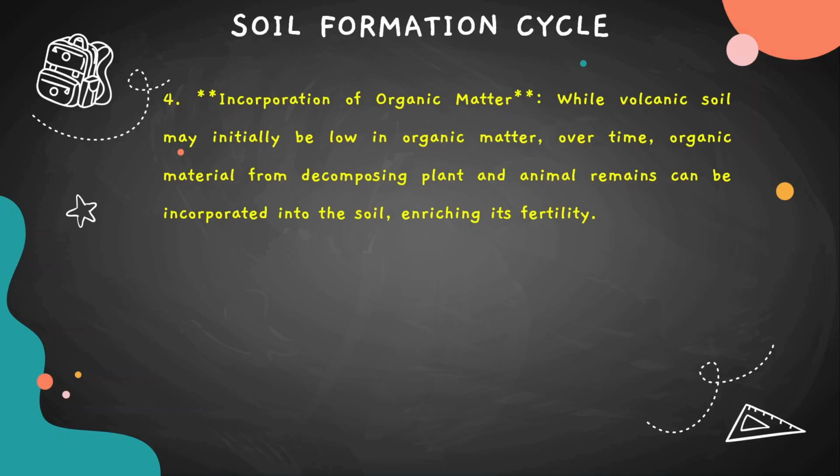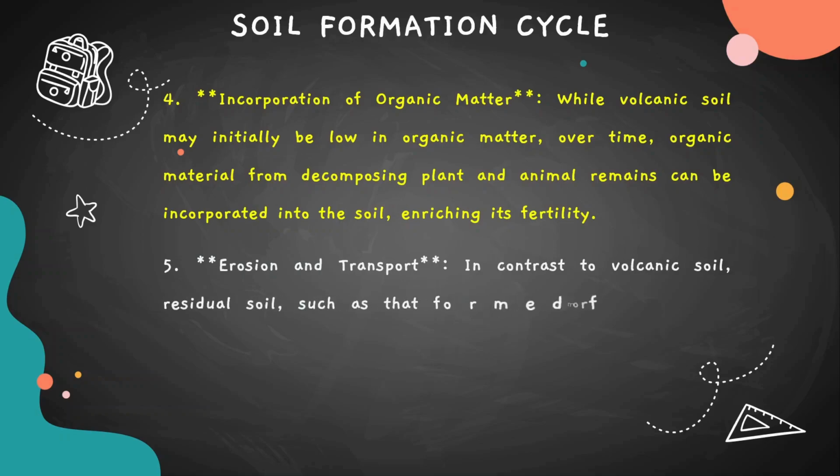So with the lapse of time, or in a continuous span of time, what will happen? Some organic material from decomposing plant and animal remains may get mixed with that volcanic soil, and the fertility will increase.